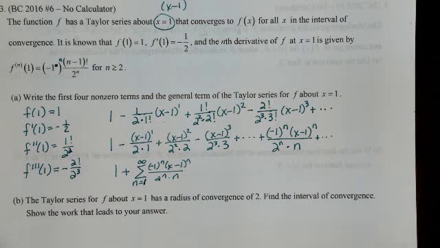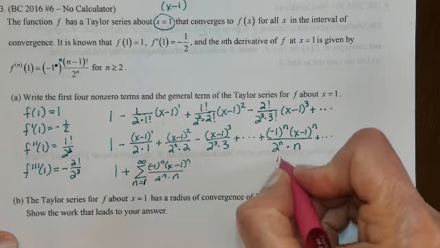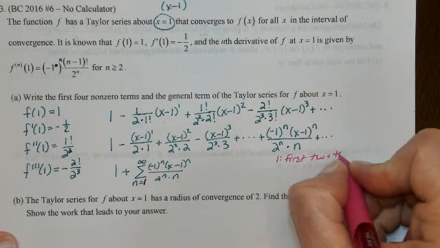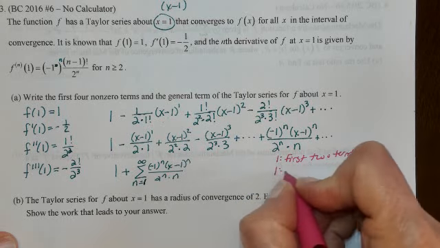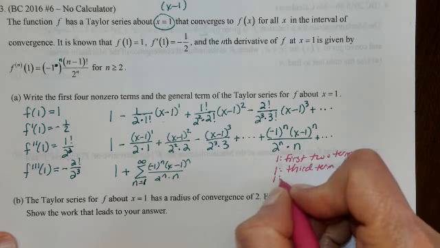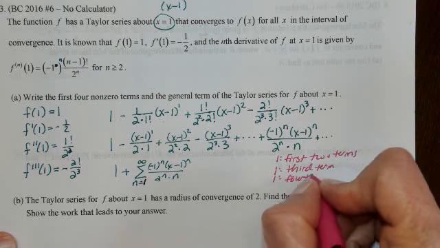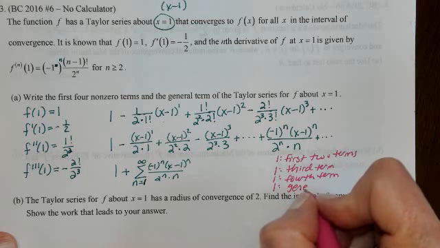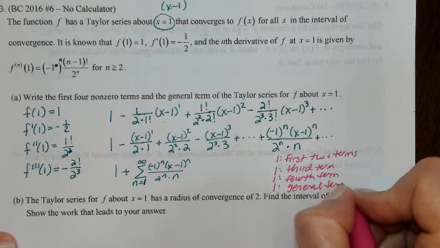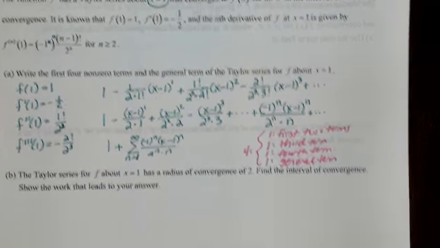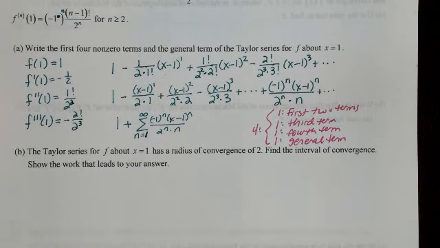This was worth a total of 4 points. 1 point for the first 2 terms, 1 point for the third term, 1 point for the fourth term, and 1 point for the general term. Okay. All right, I'm sure you're going to have a question about that for me, but fire away.